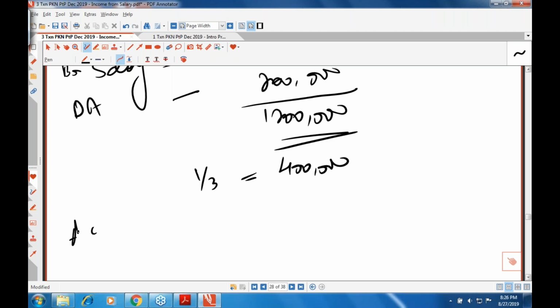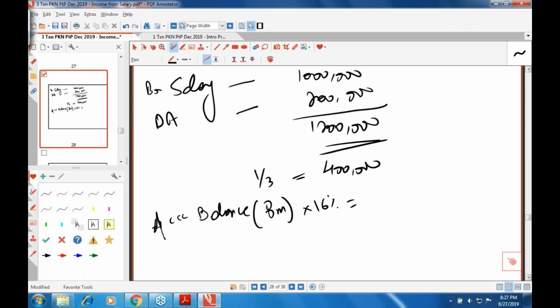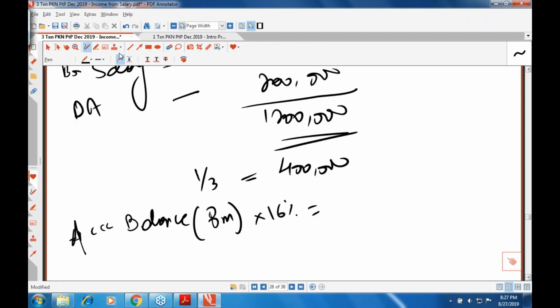Assume that the accumulated balance of the Provident Fund is, let's say, 8 million. So if there is 8 million multiplied by 16%, how much does it turn out to be?